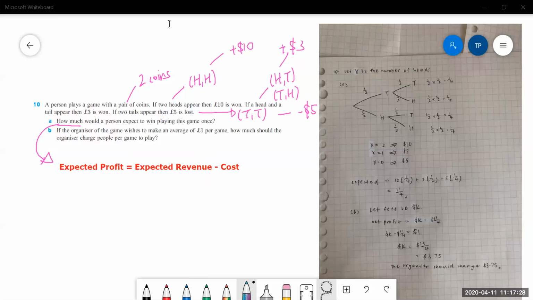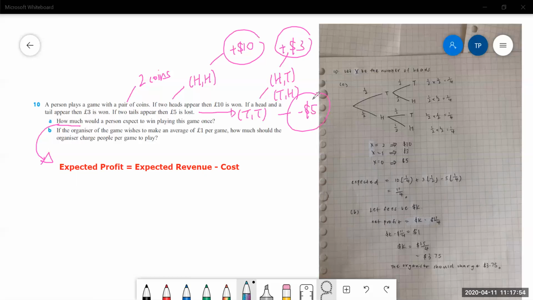This $10 here, $10, $3, minus $5. Haven't cost yet, right? So in this case, this one hasn't factored in the cost yet.